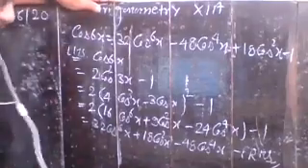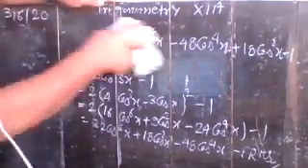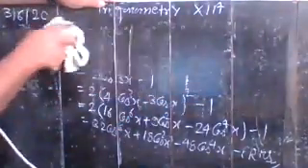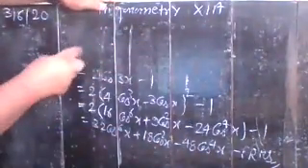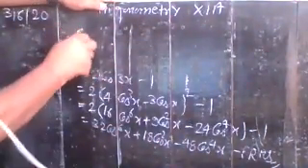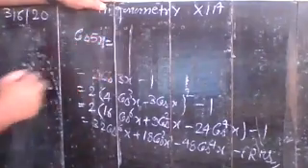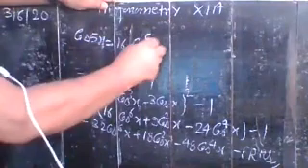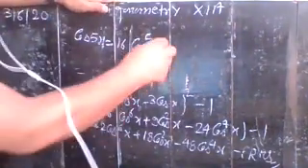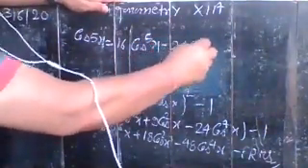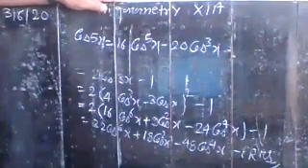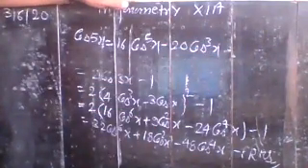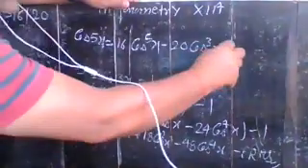Now, the same type of questions are also there. So you're trying to prove it. Note: cos 5x is equal to 16 cos to the power 5x minus 20 cos cube x plus 5 cos x.